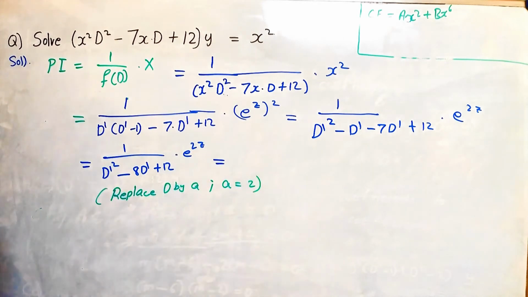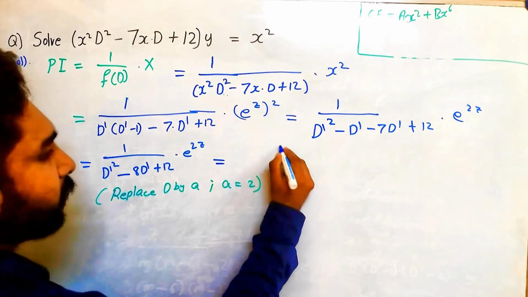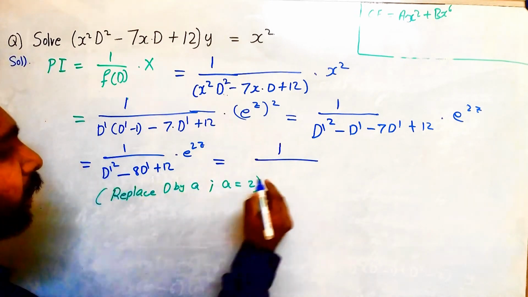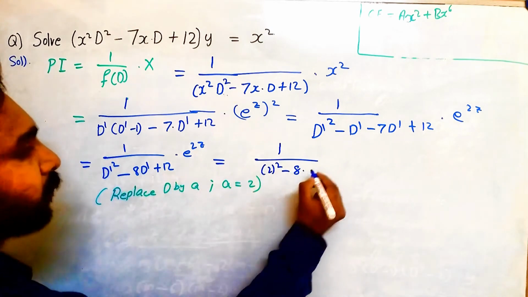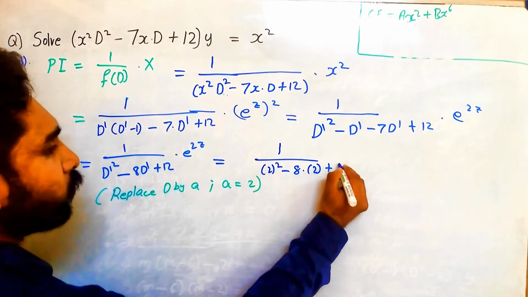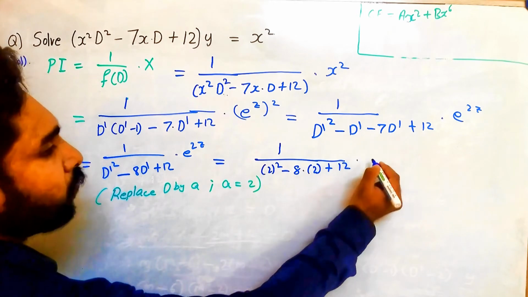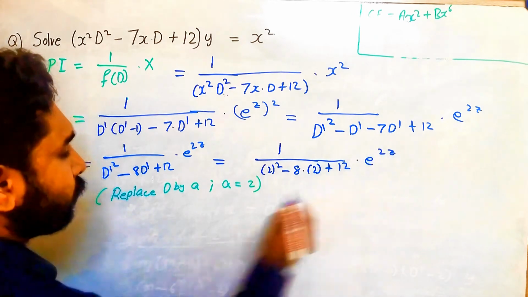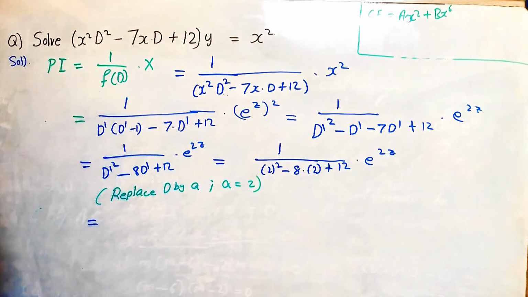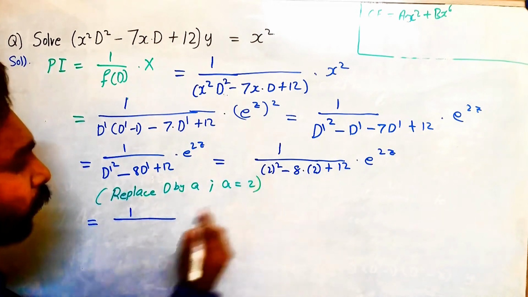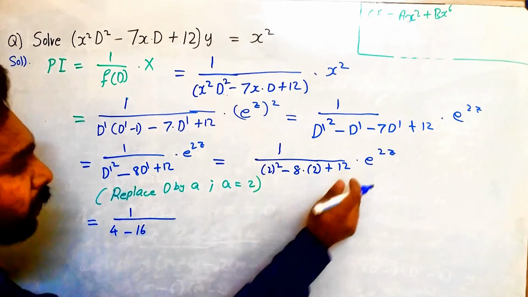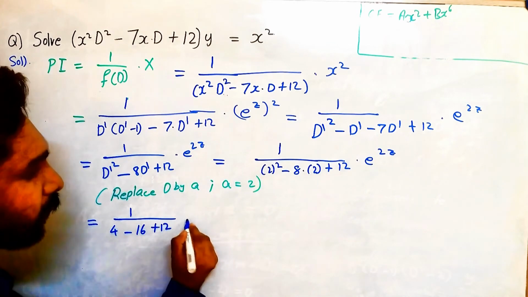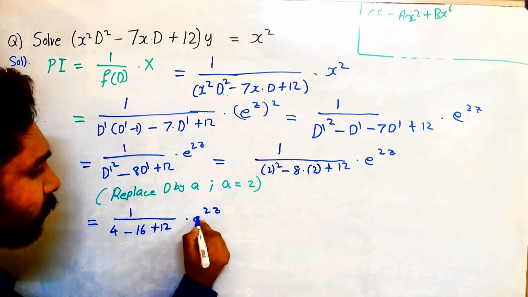So replacing D by 2, that is equal to 1 by D dash square, meaning 1 by 2 square minus 8 into D dash, meaning 8 into 2, plus 12, into e to the power of 2z. Going on solving, 1 by 2 square 4 minus 8 into 2 16 plus 12, into e to the power of 2z.